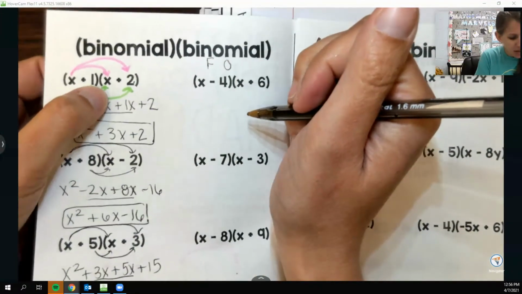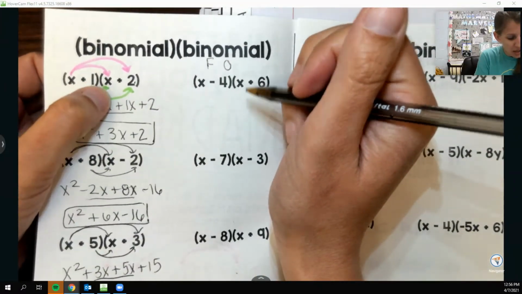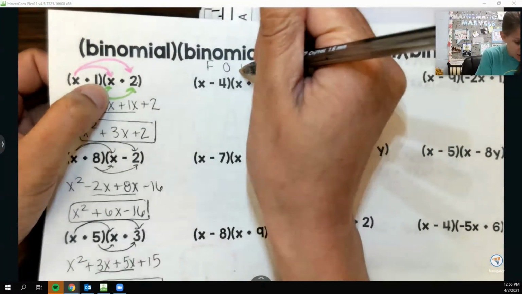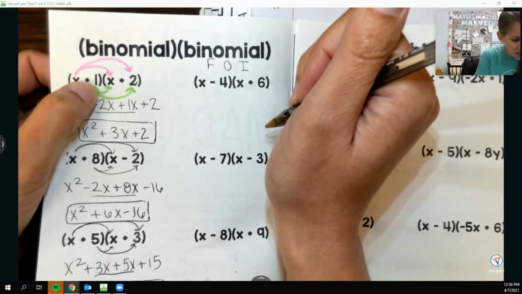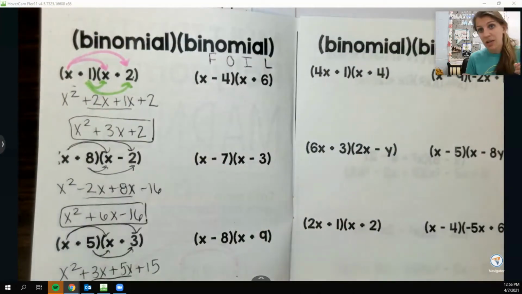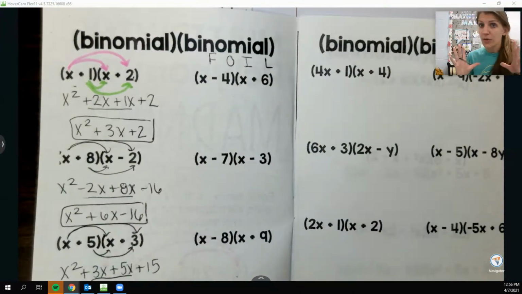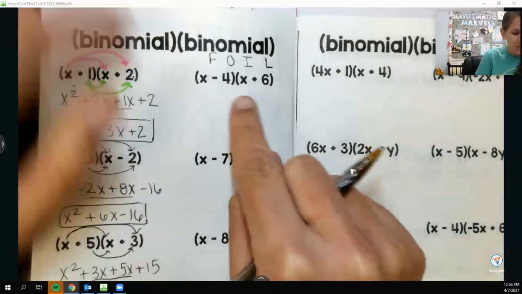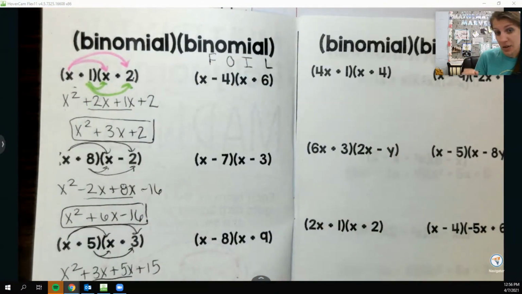Then I do the innermost terms, the inners. And then I do the last term in each. So some teachers will use the acronym FOIL for first, outer, inner, last to talk about the order that you're multiplying. So you could use that as a nice little reminder.